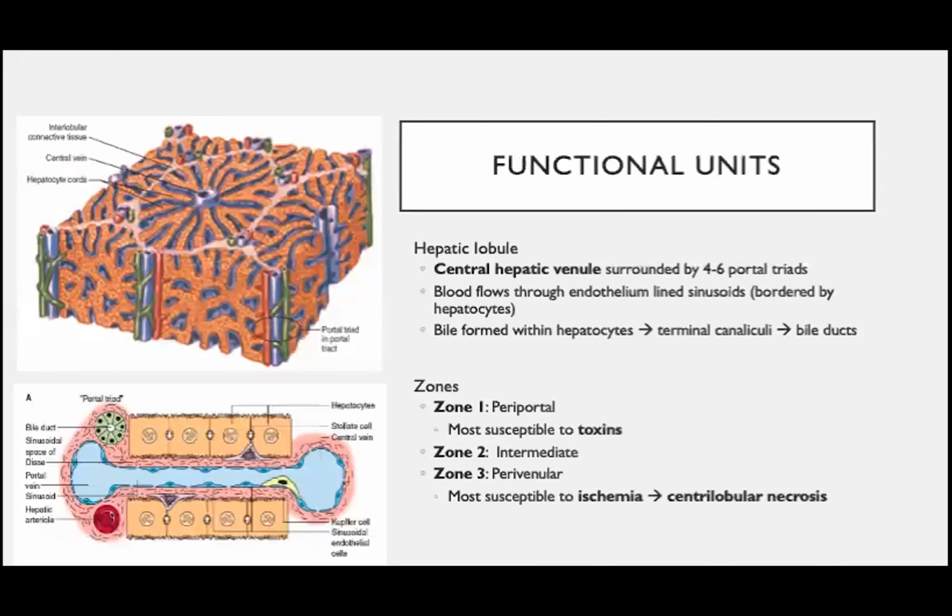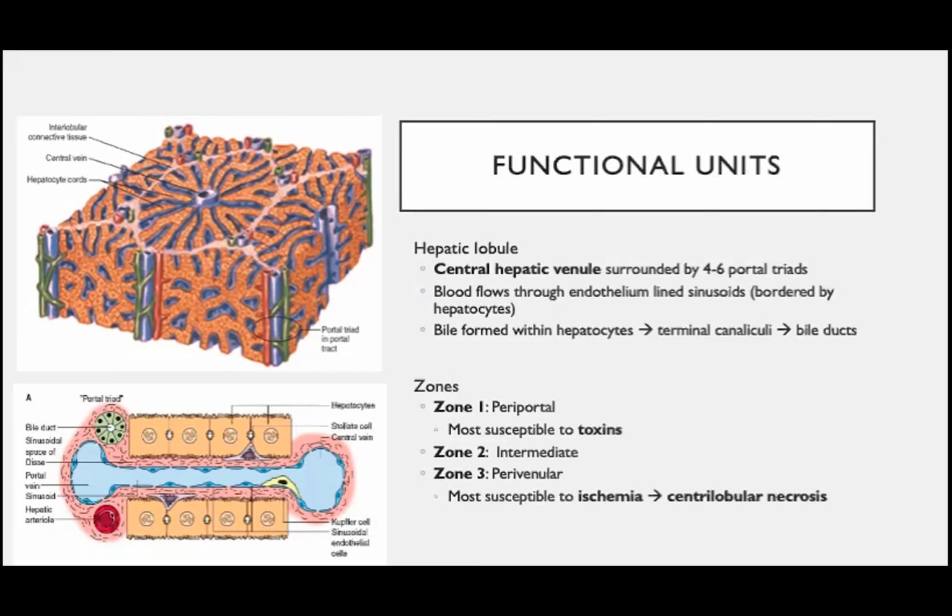So the liver is a functional unit, and we can think about it in lobules and zones. For the hepatic lobule, the central hepatic venule is surrounded by 4 to 6 portal triads. The blood flows through the endothelium-lined sinusoids, which are bordered by hepatocytes. Bile is formed within these hepatocytes, which then goes to terminal canaliculi and then the bile ducts.